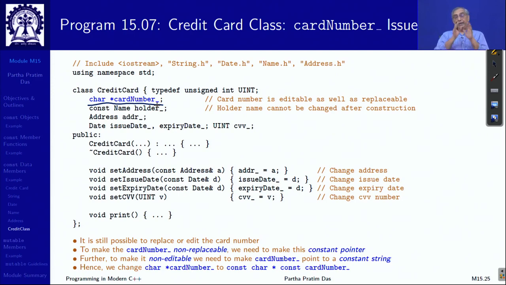The other is I also need the card number to be non-editable. I should not be able to change a few digits in that, which means that the card number pointer, the string that it is pointing to, that should also be a constant. It should be a constant string. So, the requirement of having the card number non-editable and non-replaceable is to convert this pointer into a constant pointer to a constant char star.